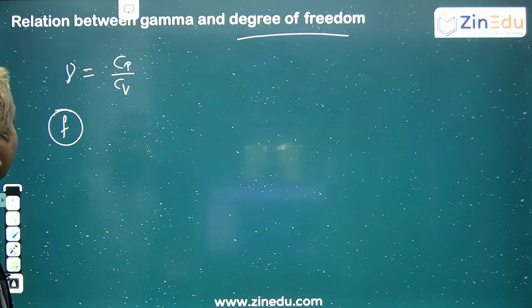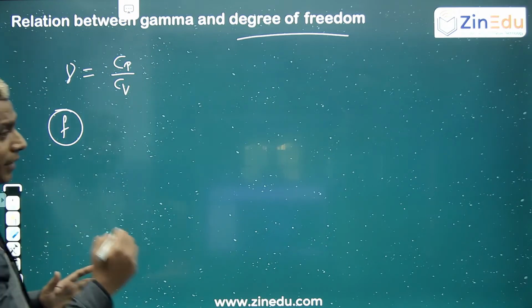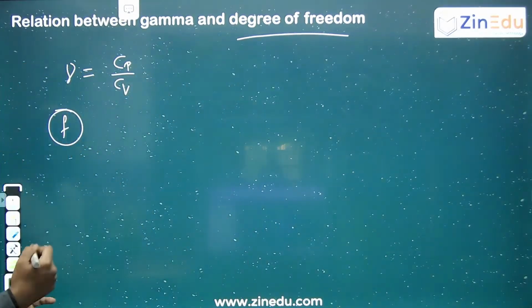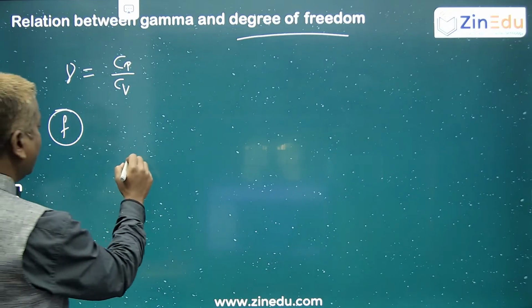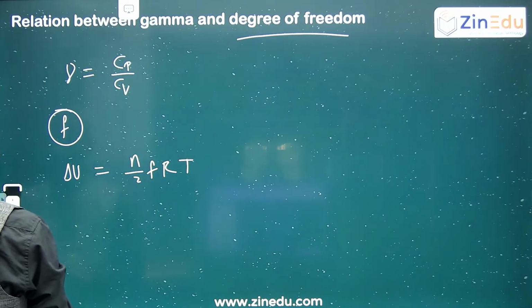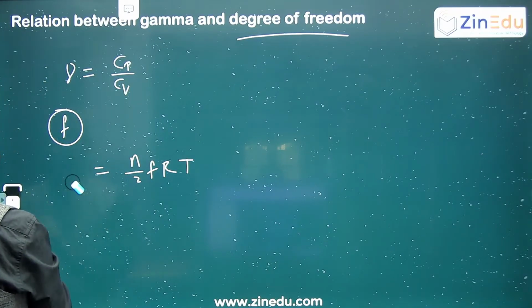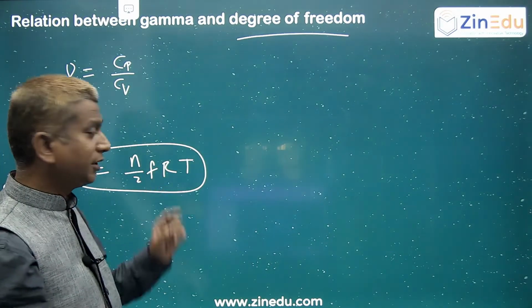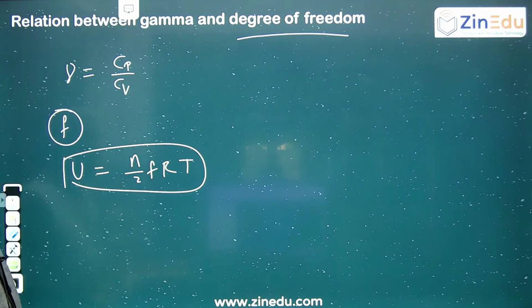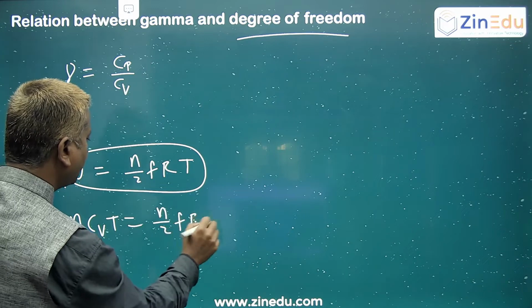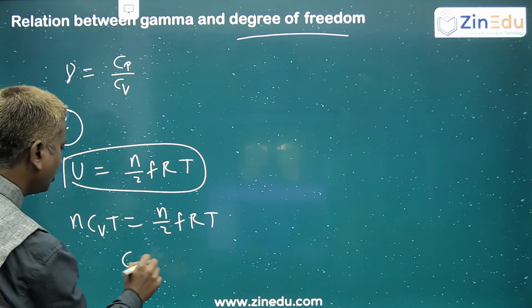Here we know that the total internal energy of any gas, for all the degrees of freedom, in the kinetic theory of gases, for n moles of a gas it will be n by 2 fRT. So if you compare this with nCvT is equal to n by 2 fRT, clearly Cv value is fR by 2.